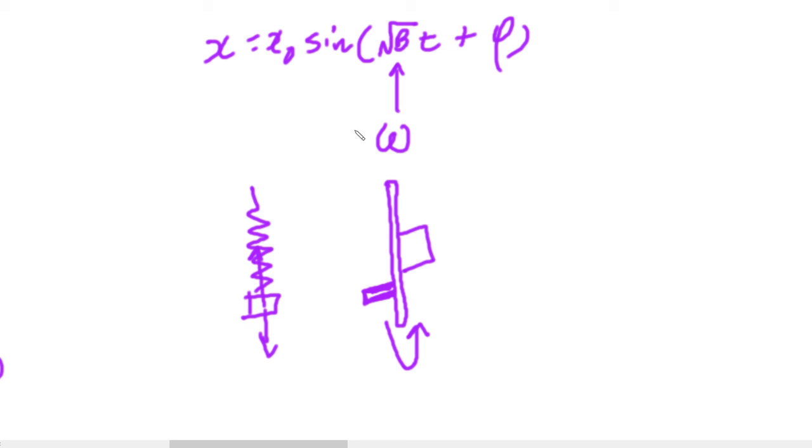this root b is called omega because it is basically the angular velocity of the body involved as it moves through the sine wave.